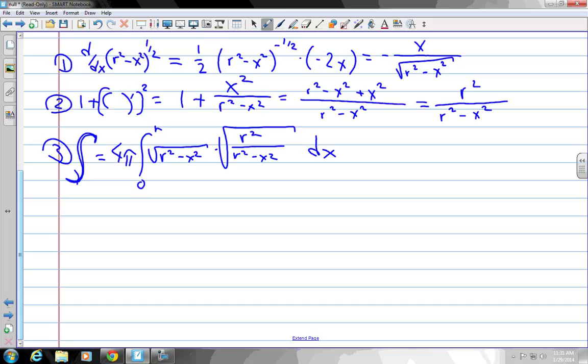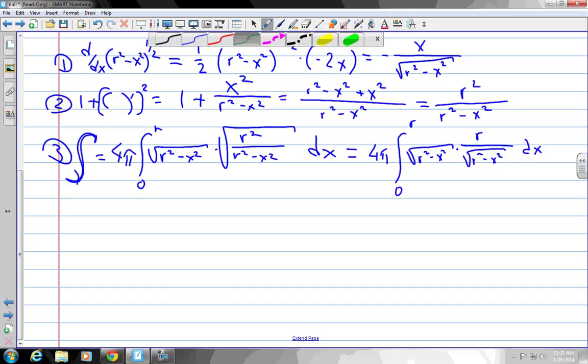So you see what's going to happen with that big expression? All the square roots go away, right? If you write it out, this is 4 pi, an integral from 0 to r, the square root of r squared minus x squared times the square root of r squared, which is r since r is positive by definition, over the square root of r squared minus x squared dx. So the radicals just go away.